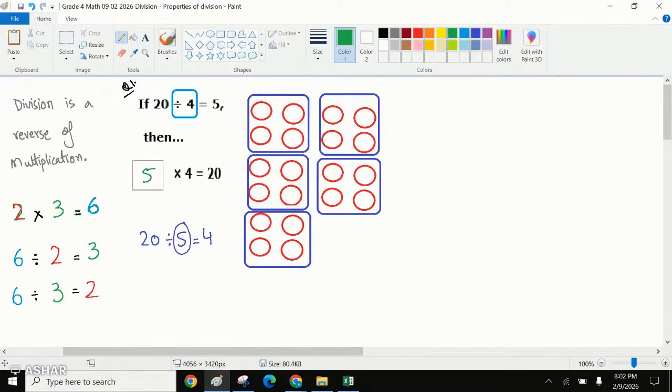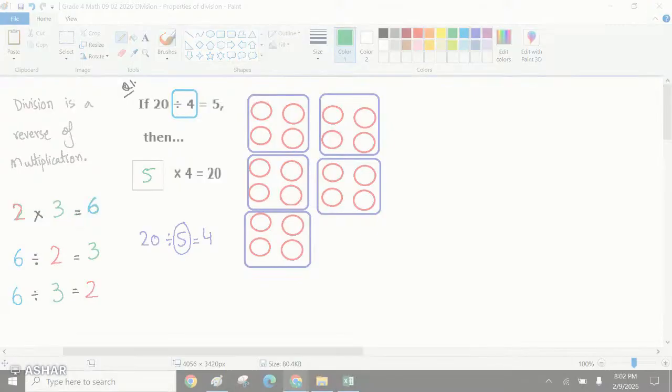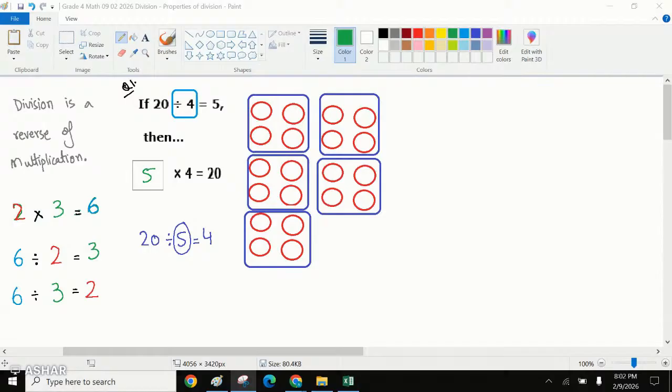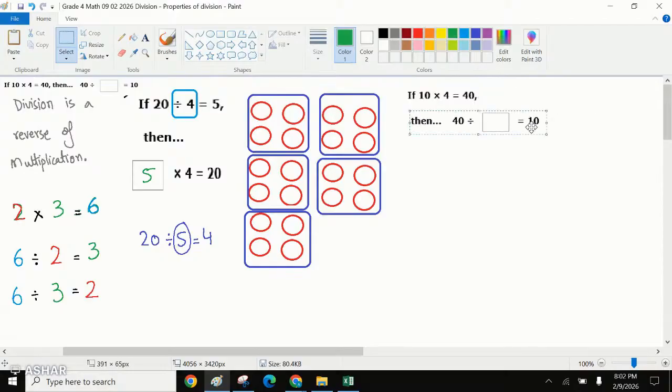Okay, let's have a look at the next question. It says, if 10 multiplied by 4 was 40, then 40 divided by which number should be equal to 10?